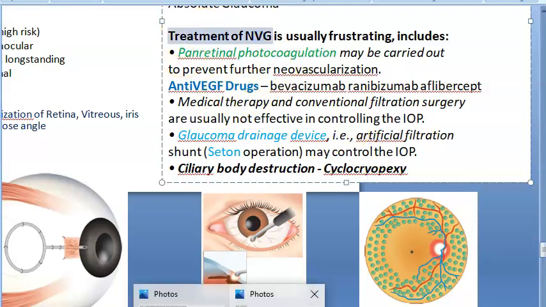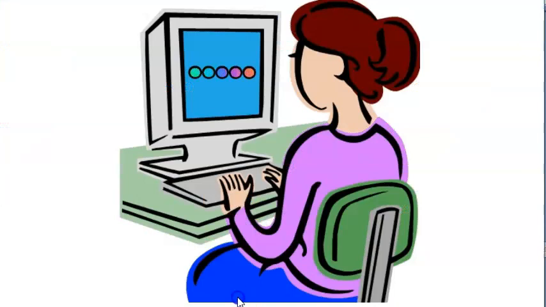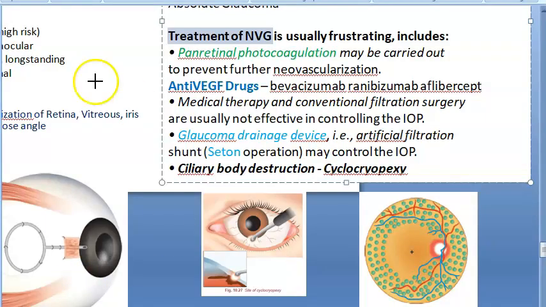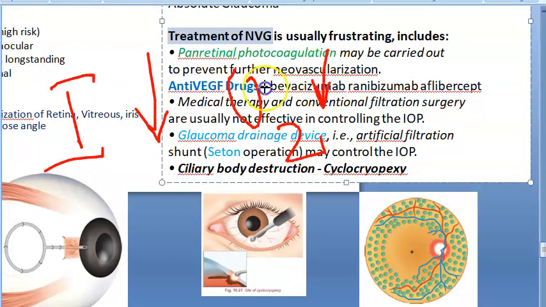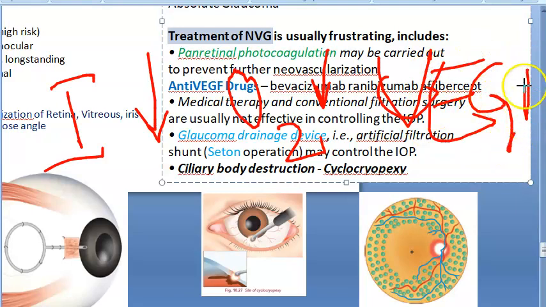Because this is caused by ischemia leading to VEGF, right? So what will happen when there is ischemia? There is low blood supply, so oxygen is low. So the retina releases VEGF, that is vascular endothelial growth factor, right? And this will lead to new blood vessels, and new blood vessels are the problem here.